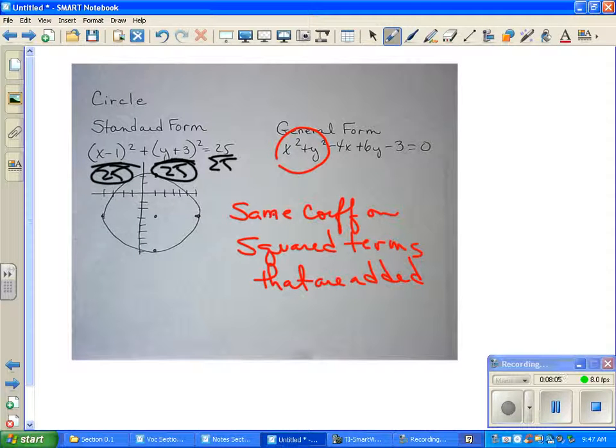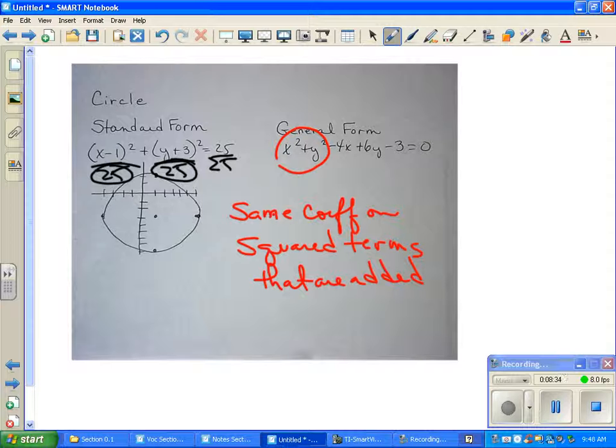So when my general form said x squared plus y squared, or if it said 4x squared plus 4y squared, that would mean they're the same. Or if they're underneath both of these, they've got to be the same. And if there's nothing underneath it, then they're definitely the same because they both would be 1, right? So they've got to have the same coefficients or the same number underneath the problem on their squared terms, and they have to be added.